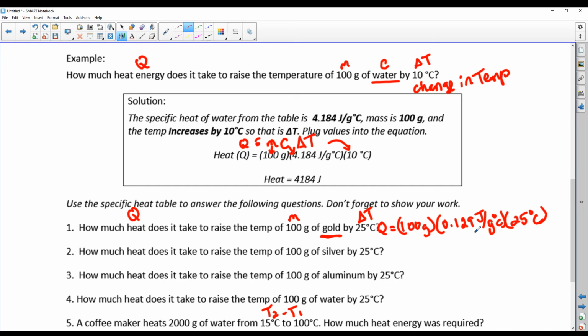In your calculator, you would put 100 times 0.129 times 25, and you should get 323. I just rounded a little bit there. So Q is equal to 323 joules.